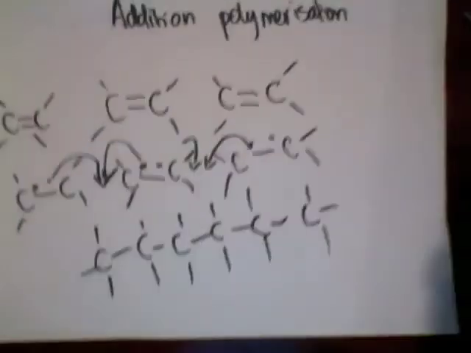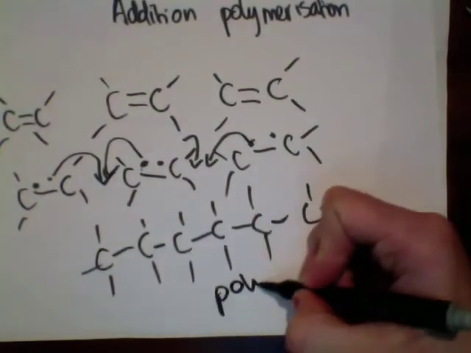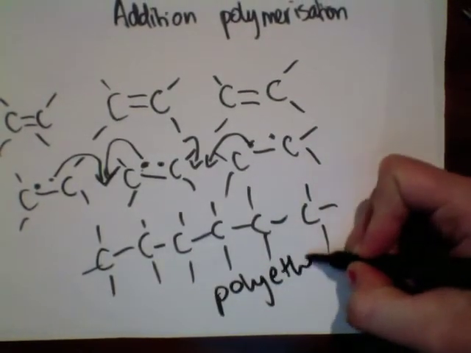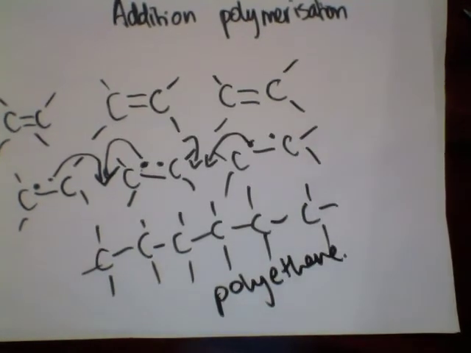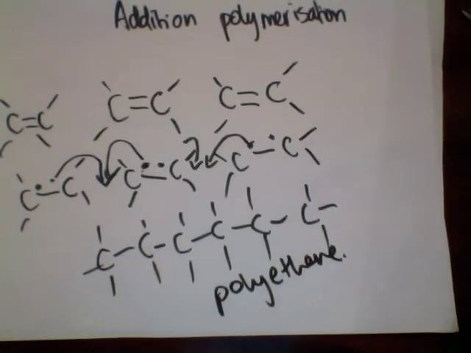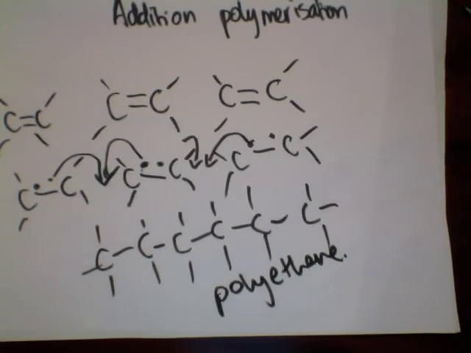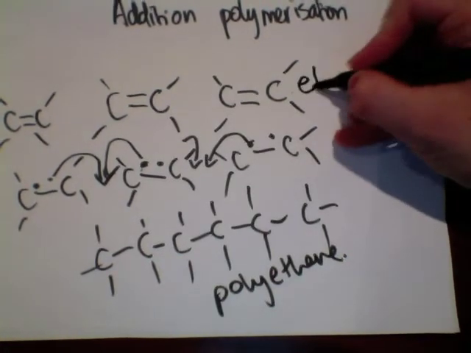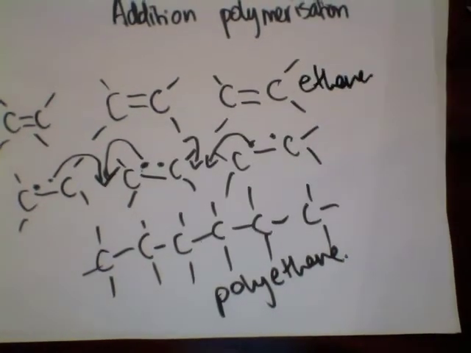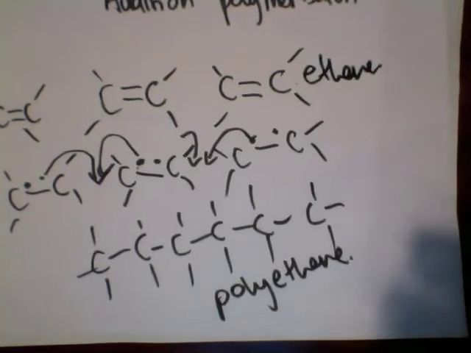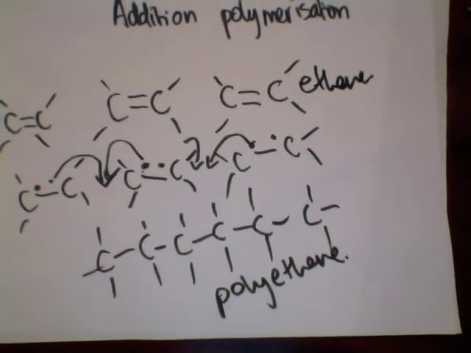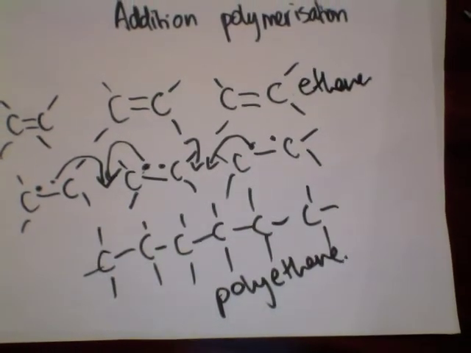Now this is called polyethene. Even though it's an alkane now because there's no double bonds, it's named after the monomer from which it was produced, which is ethene. And you'll be pleasantly surprised to find out that polyethene is actually the polymer that's in Glad wrap.